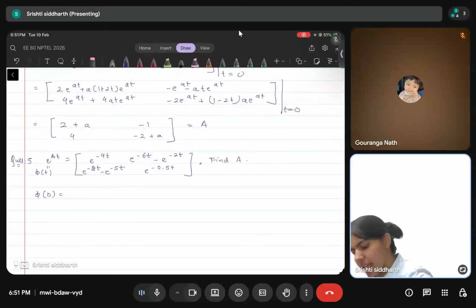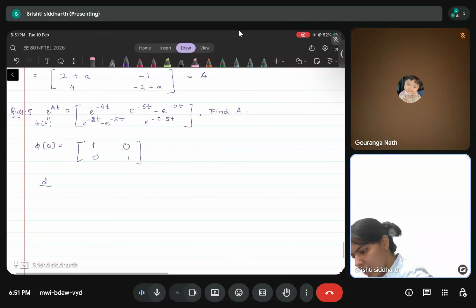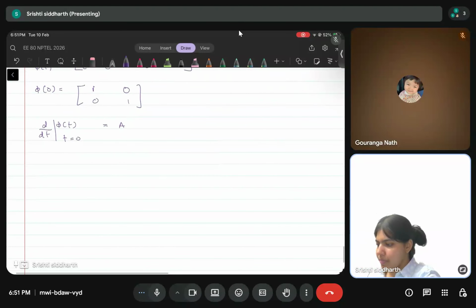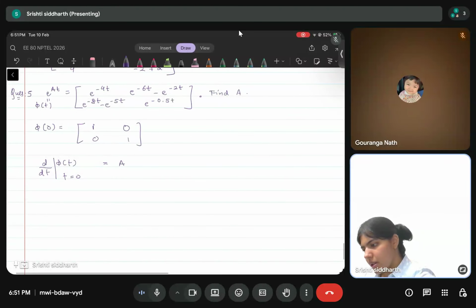So phi 0 is identity on that, right? So this is 1, and this is 0, 0 and 1. And we've just seen that d of phi t computed at t equals 0 is A. So let's compute the derivative.